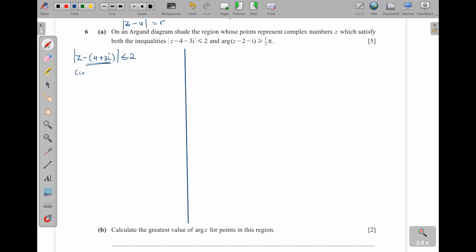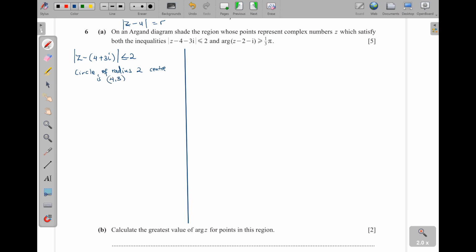When you open here, it is the same as this. So this one is a circle of radius 2, and then the center is (4, 3). You see that?